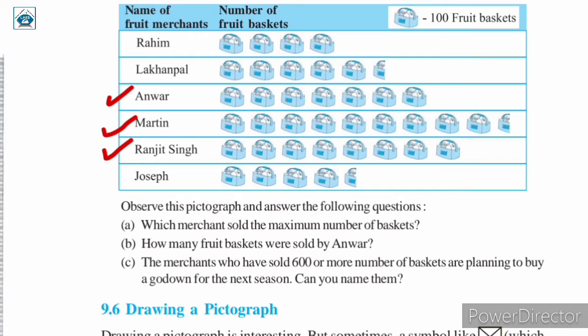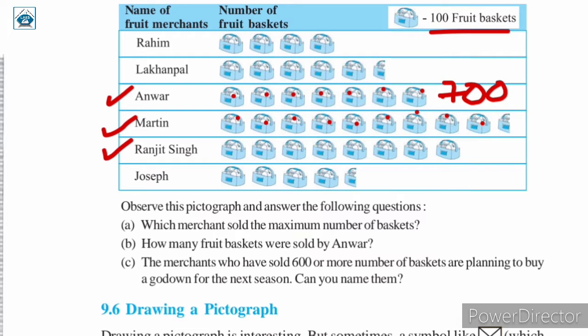Here the number of fruit baskets sold by Anwar is 700. Since one picture represents 100 fruit baskets, here we have 7 such pictures. So the number of fruit baskets sold by Anwar is 700. Next, for Martin, 1, 2, 3, 4, 5, 6, 7, 8, 9. 9 full pictures are shown.